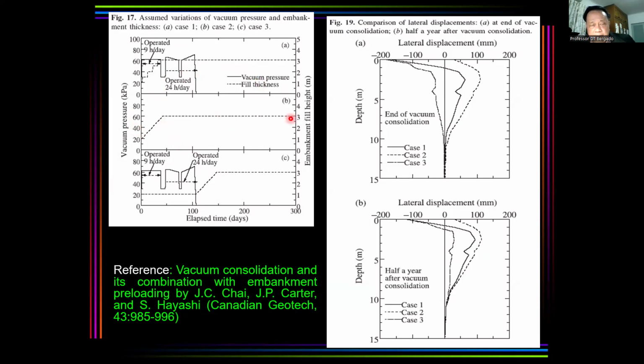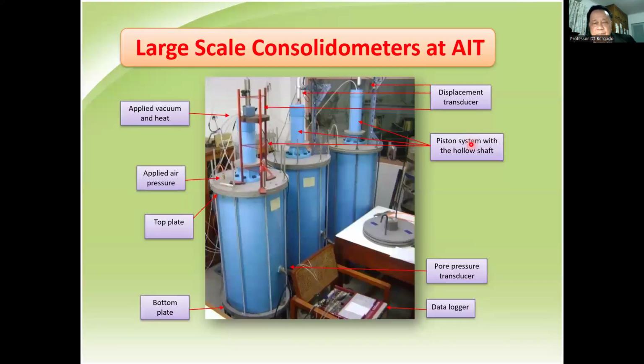Embankment only is case 2. Here, the ideal is vacuum first and then embankment, so case 3. And case 3 here has the lowest lateral movement compared to case 2. Here, the dash line is the largest lateral movement.